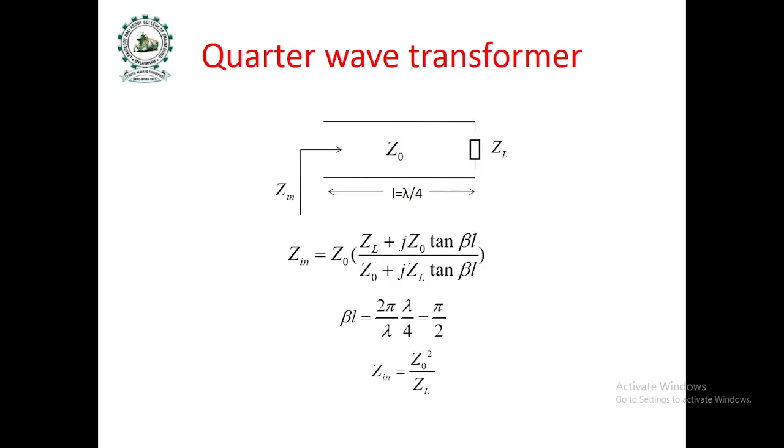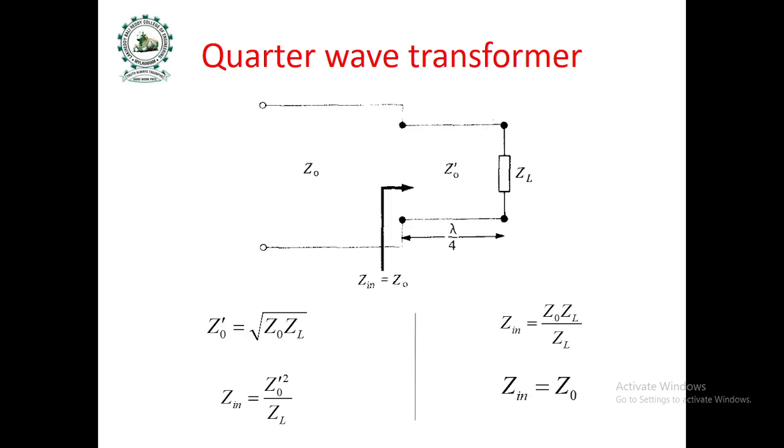So coming to the quarter wave transformer, it is a quarter wave line. The quarter wave transformer is one matching technique to match load impedance and line impedance. The quarter wave transmission line is inserted between the main transmission line and the load. The quarter wave transmission line is designed so that its input impedance is equal to Z0, which means the line impedance is equal to the square root of the product of the main line impedance and the load impedance.